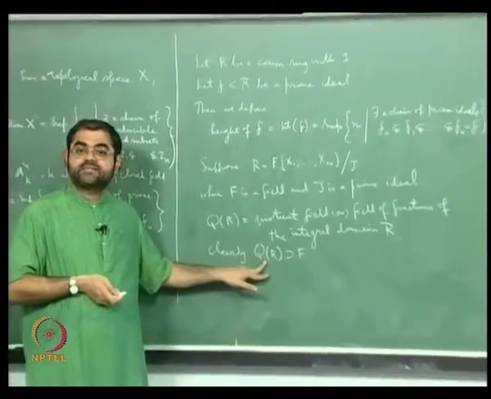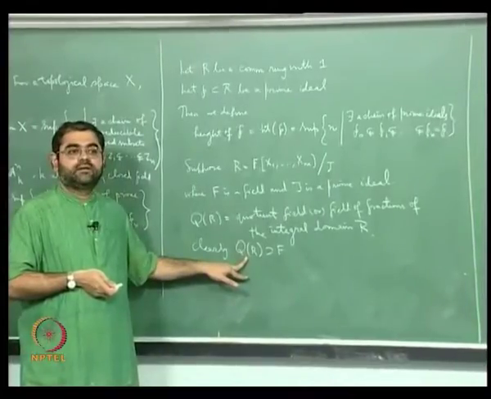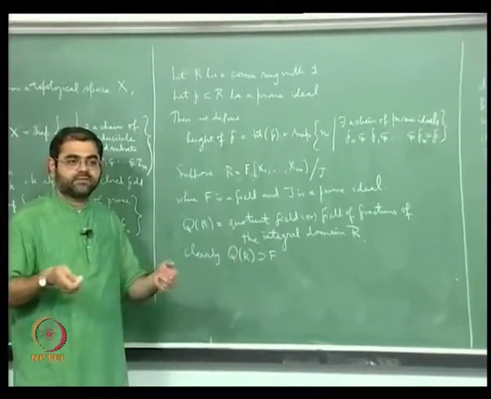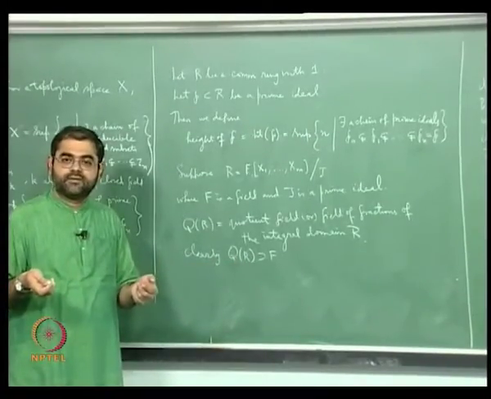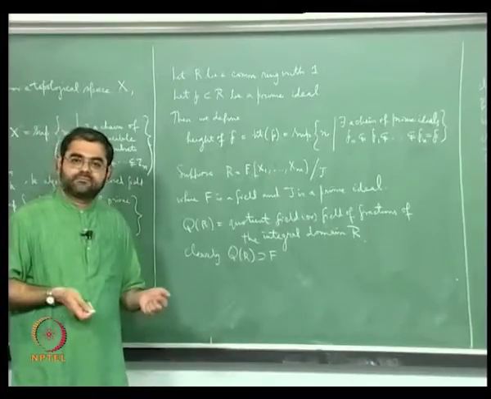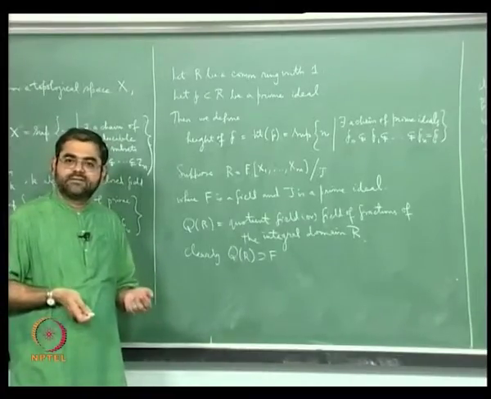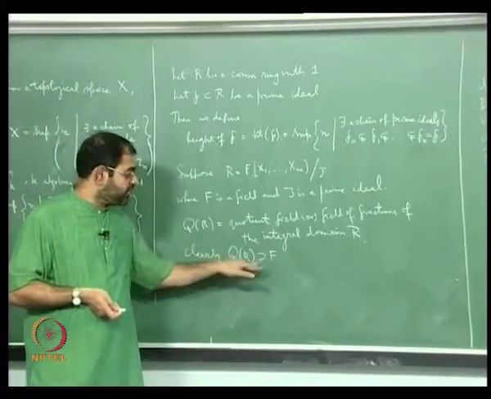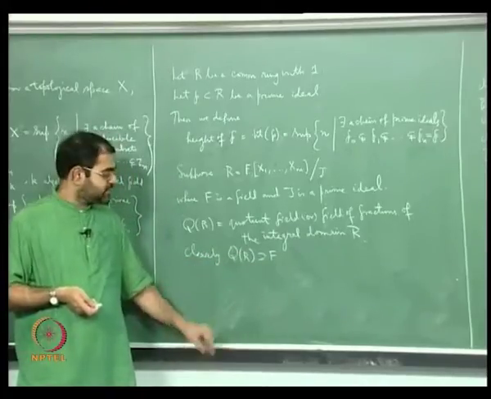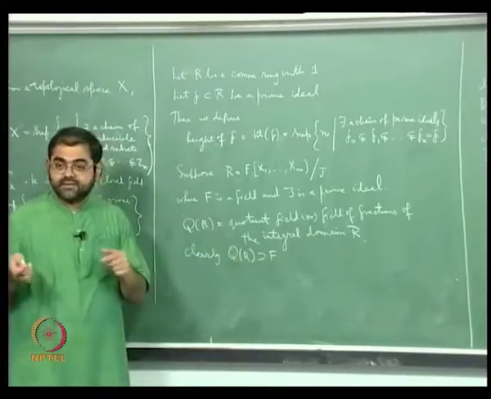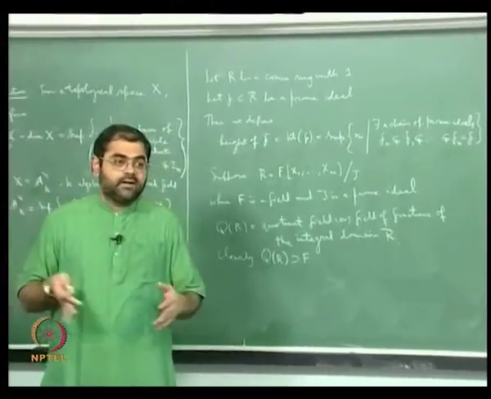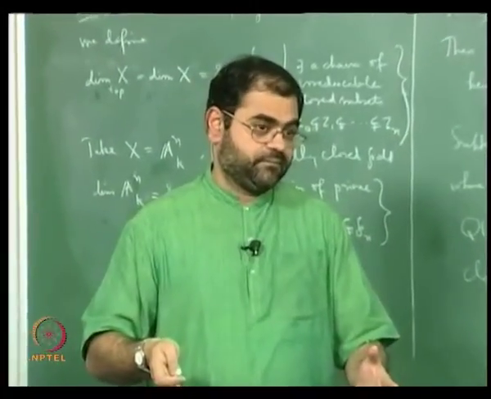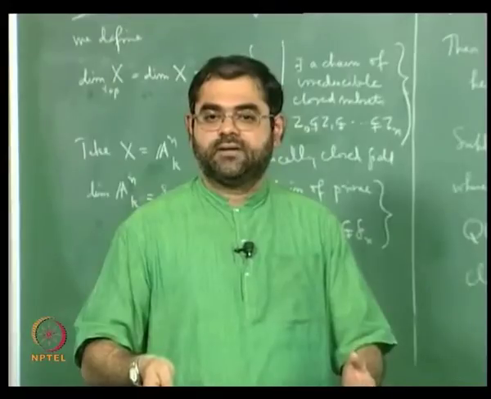You take a maximal set of transcendental elements which are algebraically independent, and take its cardinality and call that the transcendence degree of the bigger field over the smaller field. So the transcendence degree is the cardinality of a maximal set of algebraically independent elements.